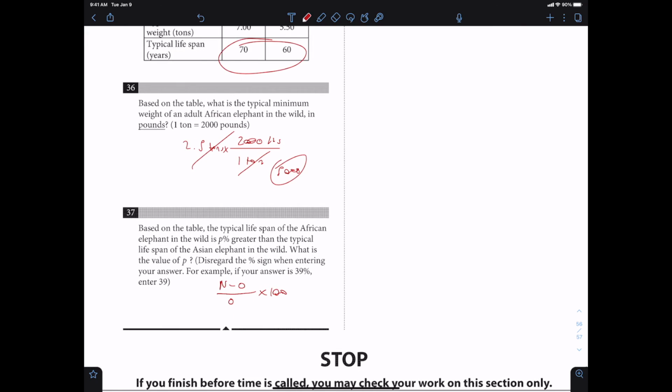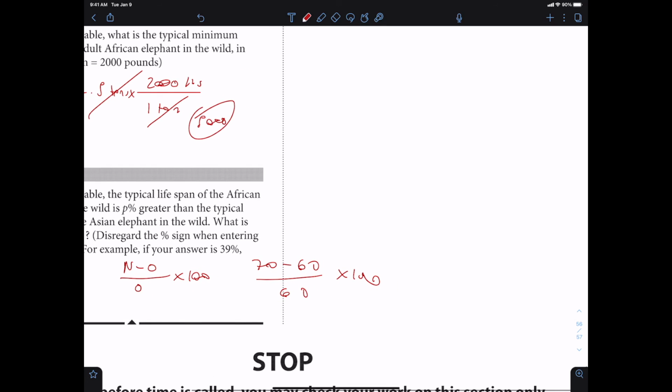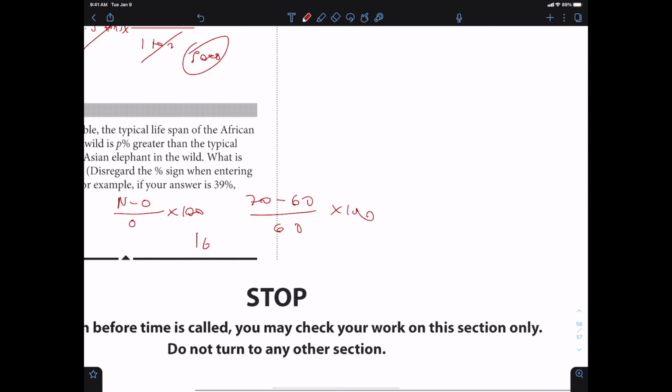In this case, our old value is just going to be our lesser value, which is 60. So we get 70 minus 60 over 60 times 100. And if we do this, we will get 10 divided by 60 in our calculators, which is going to be 0.16667, and we're just going to multiply that by 100. So we get 16.7 as our answer.